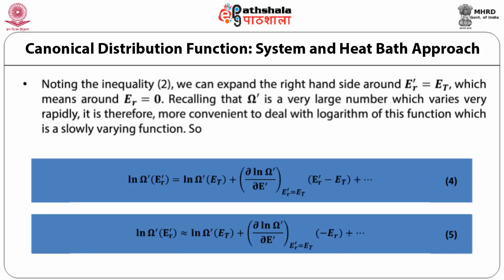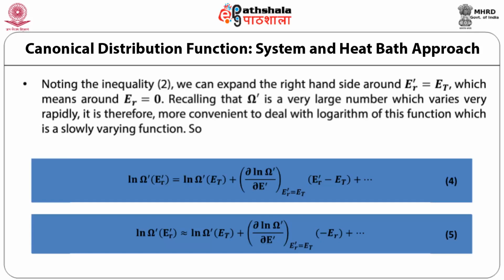Noting inequality 2, we can expand the right hand side around ER' equal to ET, which means around ER equal to 0. Recalling that Ω' is a very large number which varies very rapidly, it is more convenient to deal with the logarithm of this function, which is a slowly varying function.